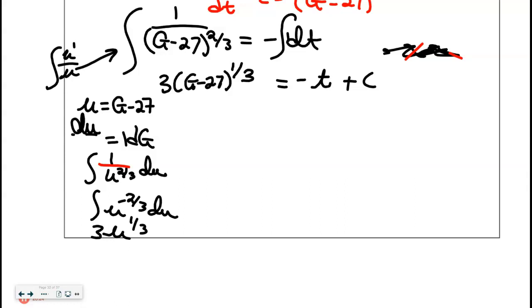All right, so from here, you have to decide, do you want to find a cube root or not? I think I will, if it's nice. This is what I mean by if it's nice. What did they say the temperature of the potato is? 91, right? What is 91 minus 27? 64. Does that have a nice cube root? What's the cube root of 64?